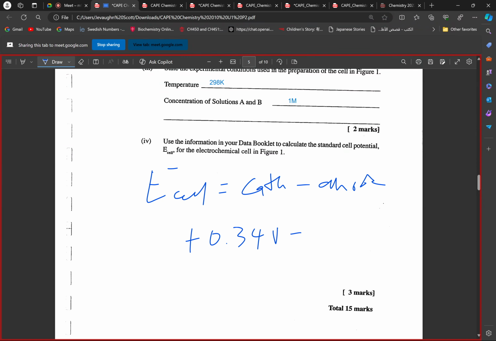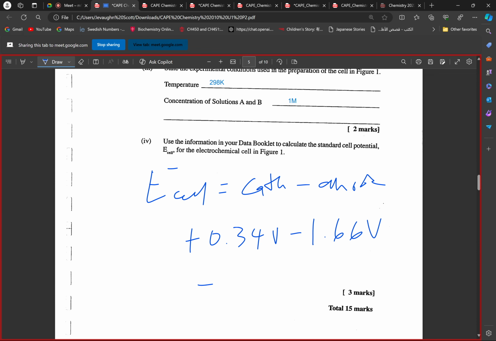And what we're doing now is minusing aluminium. Oh, wait, hold on. Aluminium is above copper, so we need to change around that value. We're changing the negative 1.66 to positive 1.66 volts.